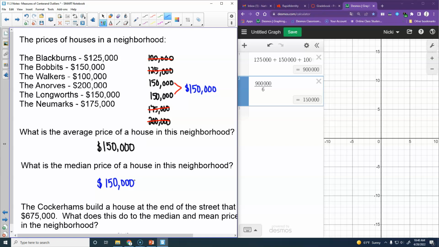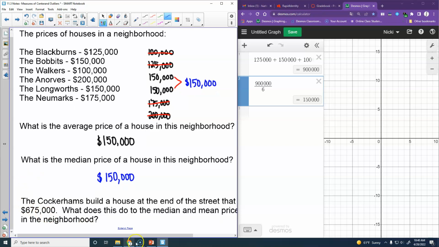But the Cockrams are moving in, and they're going to build a house at the end of the street that costs $675,000. What is this going to do to the median and mean prices of the neighborhood?